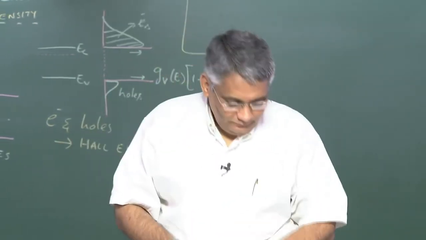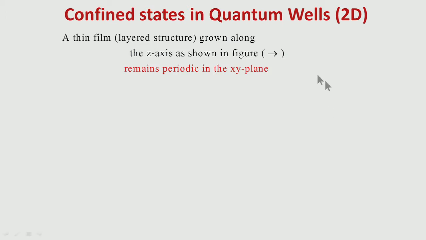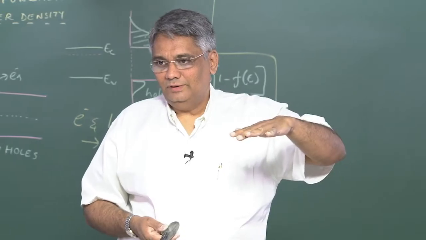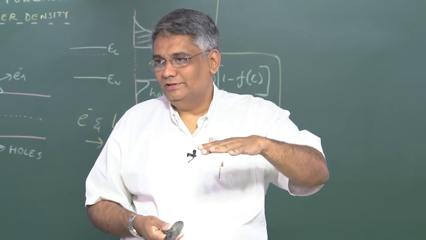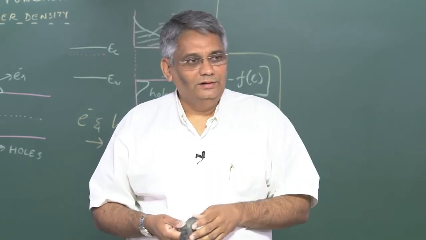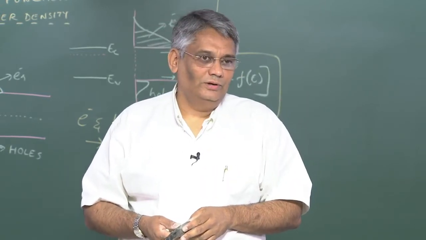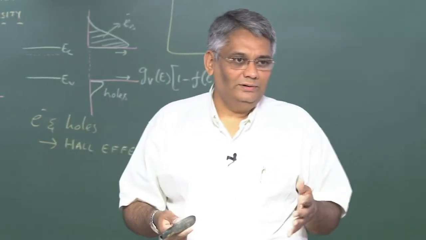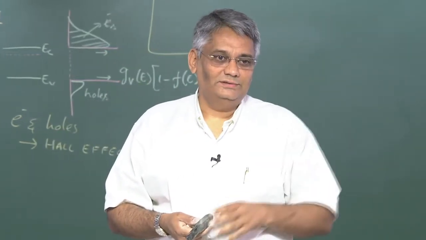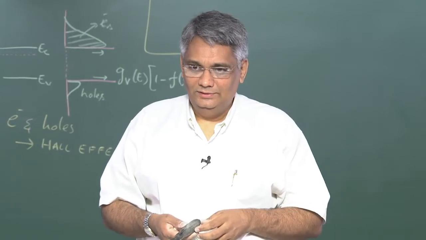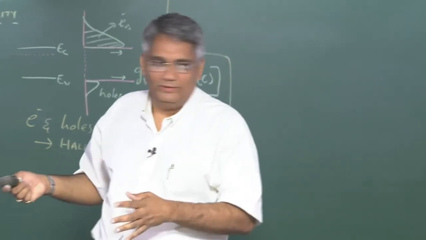Okay, a quantum well. I gave this example also earlier. Now, if you have a sheet of conductor, and if the thickness of this sheet is within 100 nanometers, you are expected to see confinement along the z-axis, along the thickness direction. Now, in a macroscopic bulk, there is no confinement.